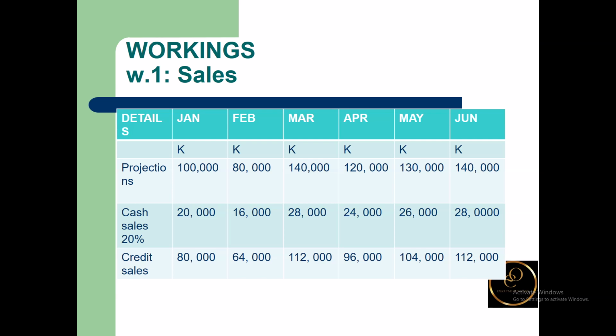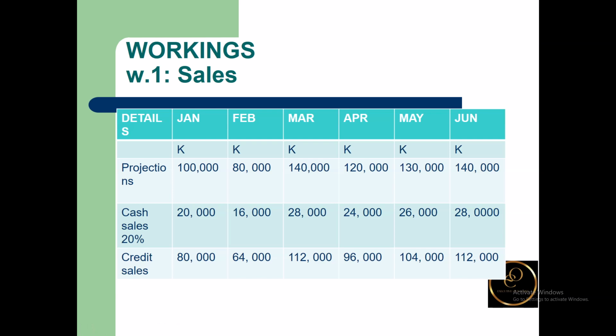Equally, for February, the projection in sales is 80,000, and then you have 20% cash sales, which is 16,000, leaving 80%, which is 64,000. So I've taken note of how much of the total projection are on account of cash sales, meaning that in the same month of sale, you receive that money.